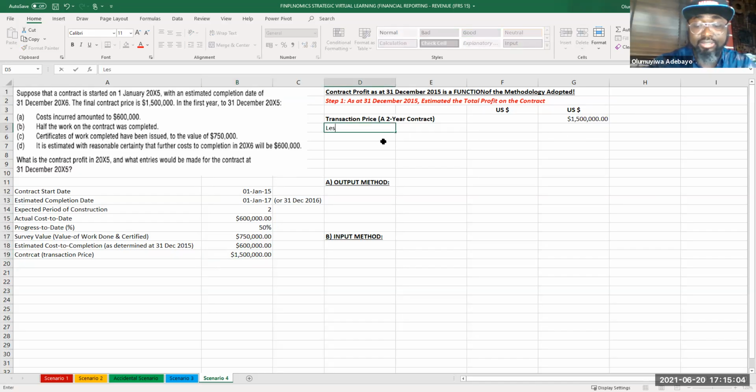Okay, let's look at the estimated total contract cost.